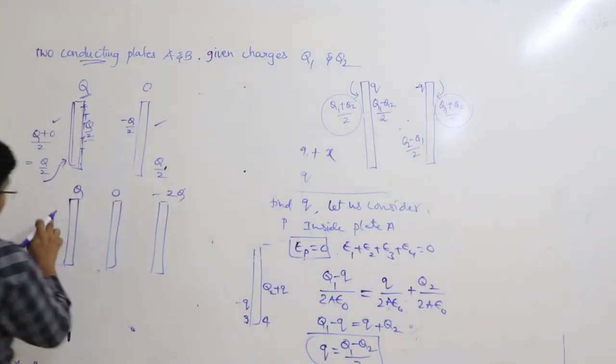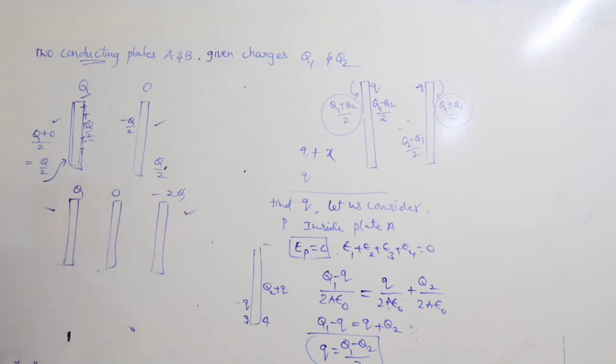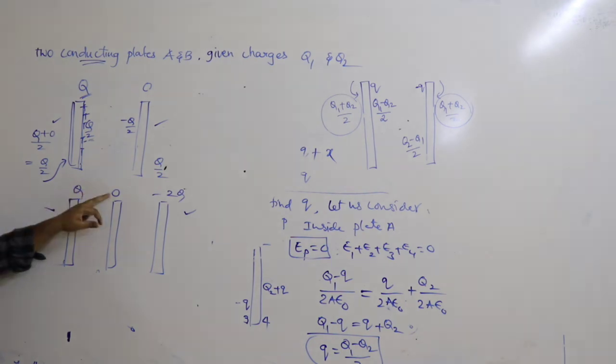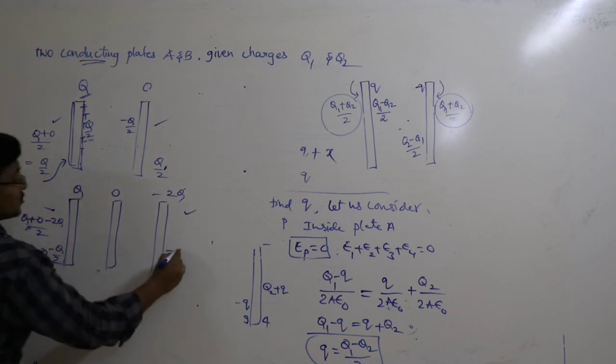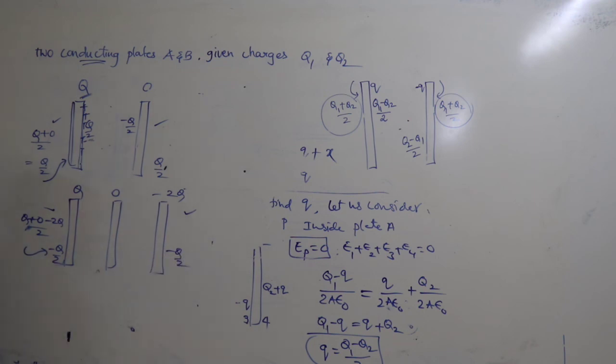As I told you, the outside is always the sum of the charges by 2, that is, q plus 0 minus 2q by 2. So q minus 2q is minus q, by 2. So the surface charge is minus q by 2, and here also minus q by 2.